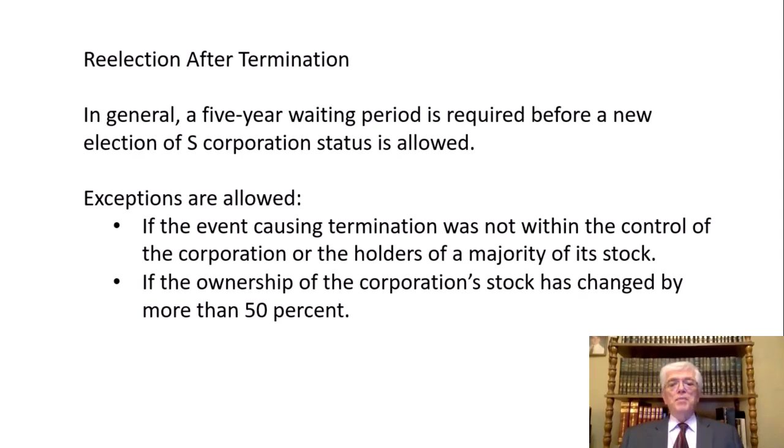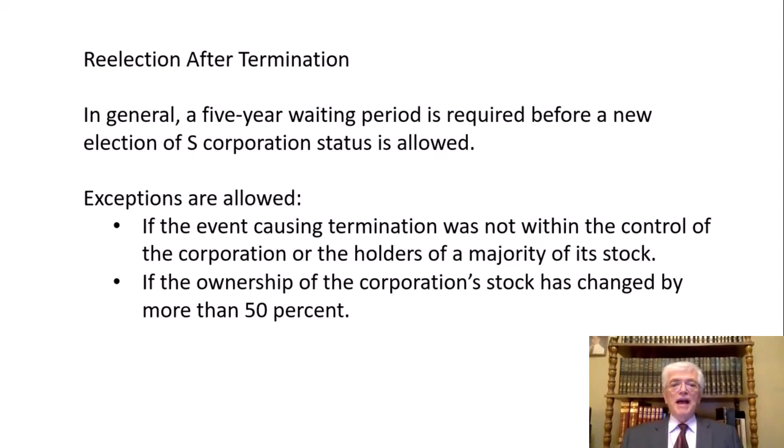Or the ownership of the corporation stock has changed by more than 50%. So even if you violated the passive investment income rule for 3 years running, hard to say that that was not within the control of the majority owners of the stock. But if that ownership has changed and the new people come in and say, we want to be an S corporation again, then the exception would be allowed.